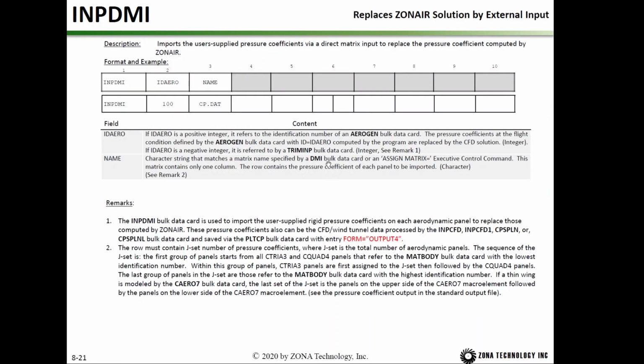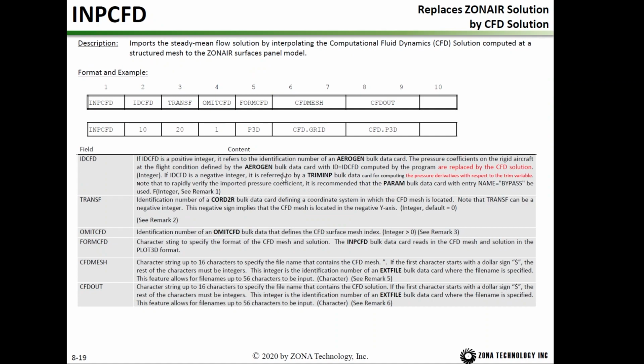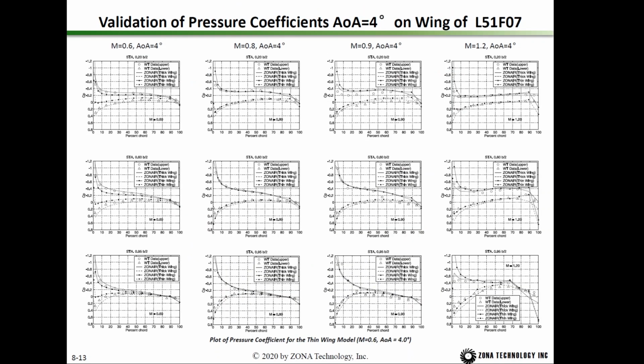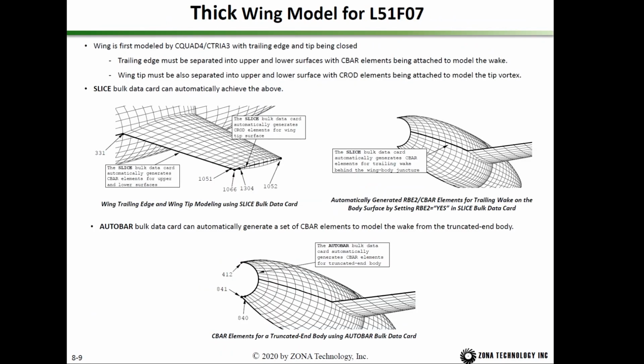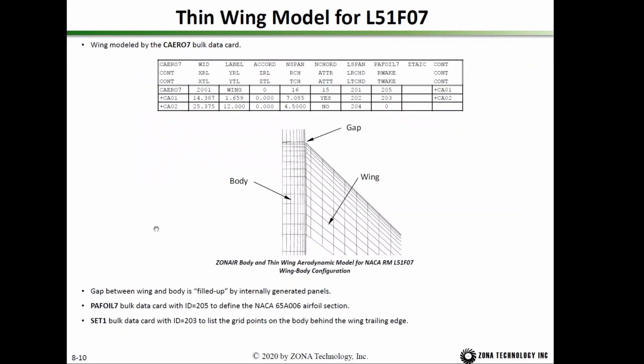IMP DMI is used after you replace the ZONAIR computed CP by CFD or by measured data. Then you can use the plot CP card, and you specify form equal to output 4, and this CP will be saved into this file in the output 4 format.